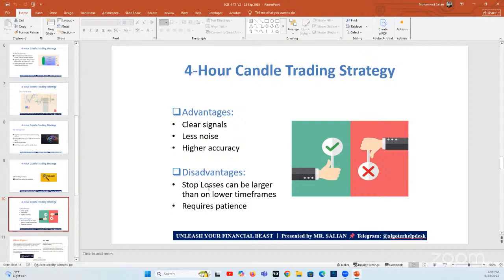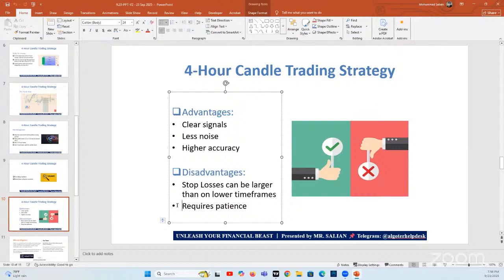But if not, then you have to stop. Also, most important, this requires patience. Until the current 4-hour candle is finished, you cannot trade. Your main focus is always on the next candle.